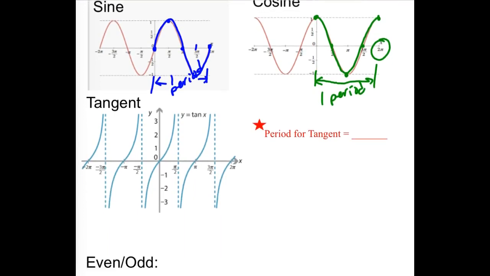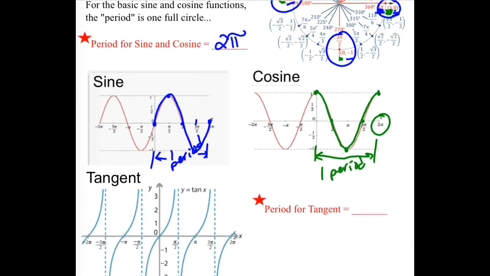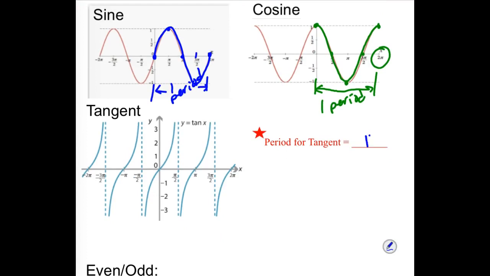Our tangent curve is a little different. The period for tangent is only 1 pi. And that period is kind of split. Again, we can take our x and y coordinates from our unit circle and we divide them. Y divided by x is tangent. So take our points on our unit circle.